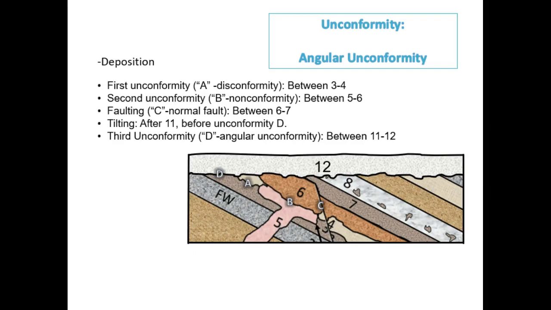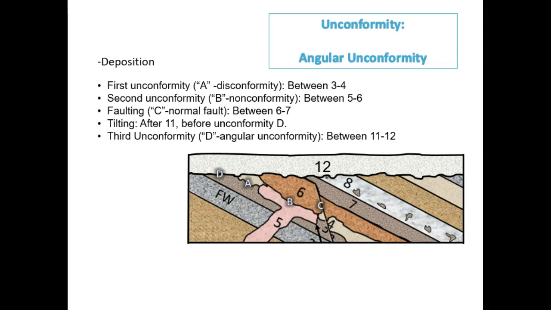Okay, so finally here, you have deposition of the last sedimentary layer number 12, and thus you have a representation of an angular unconformity. So here you have tilted sedimentary layers that were eroded and were overlain by a horizontally deposited sedimentary layer on top.